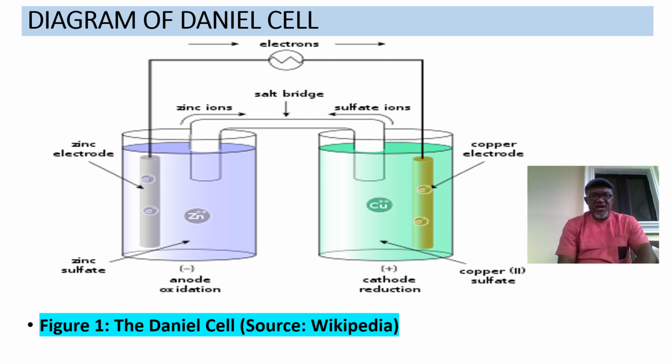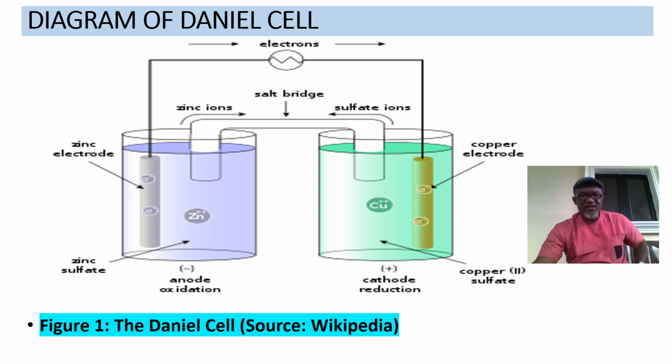Well, a very good example of a voltaic cell, like we said, is the Daniell cell. Now look at it properly. You see the zinc electrode dipping in zinc sulfate solution. Now on the right side, we see copper sulfate solution and a copper electrode dipping in copper sulfate solution. Now these two are connected together.